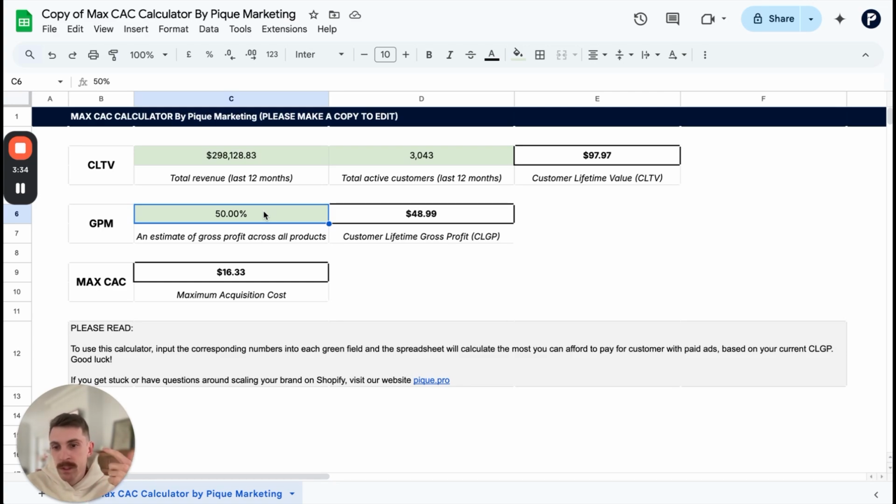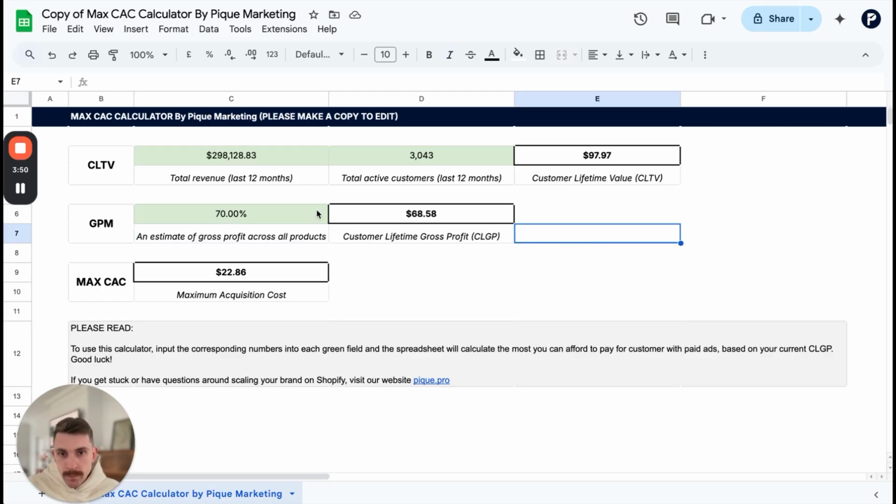So the cost of goods, shipping, all of that sort of stuff. But generally, as a placeholder, we can use 50%. In this case, for this business, they actually have a much higher gross profit margin of 70%, which is just fantastic. And then that's going to give you your lifetime gross profit, which in this case is $68.58.